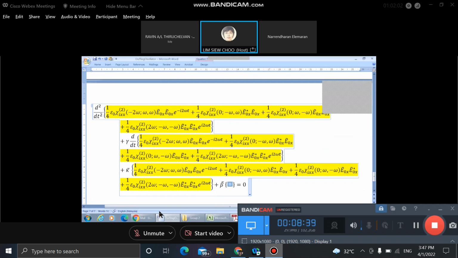This is because at the beginning I assumed that our system has inversion symmetry. We consider a very simple system. So the chi 2 are all 0 because the right side is 0. Now that the second order is 0, you no need to do anything.